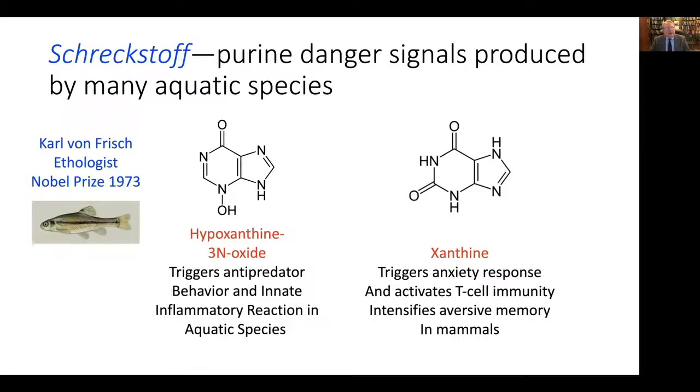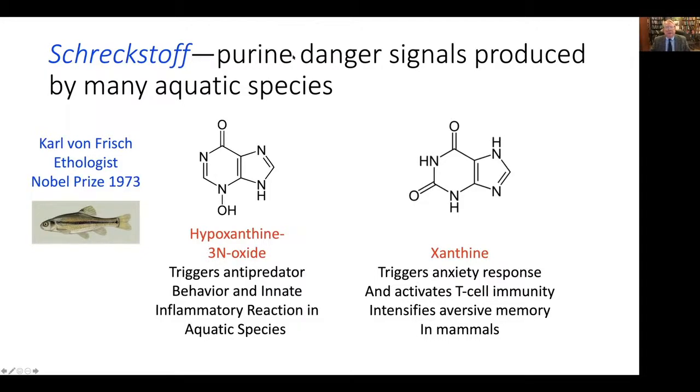Basically in the 20s and 30s, Karl von Frisch, who is a Nobel Prize-winning ethologist, characterized a material that he called Schreckstoff, which means the material that transmits a signaling of fear or alarm.